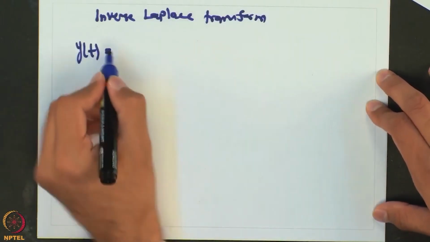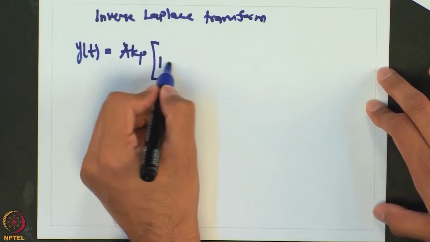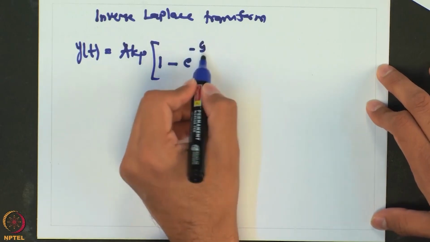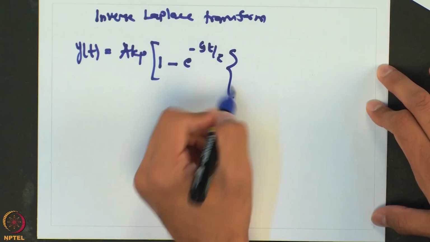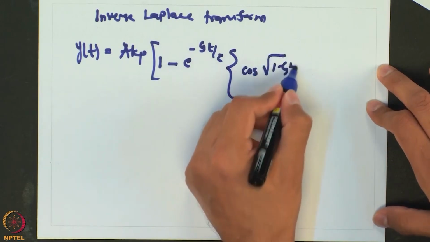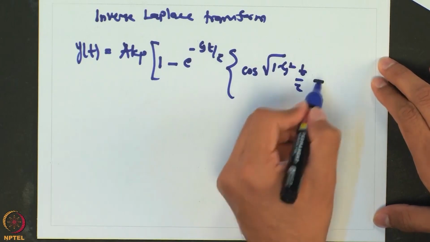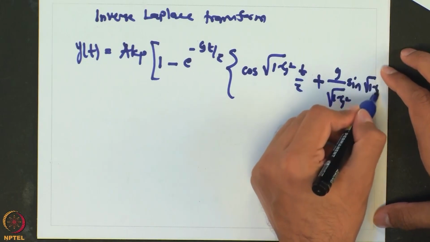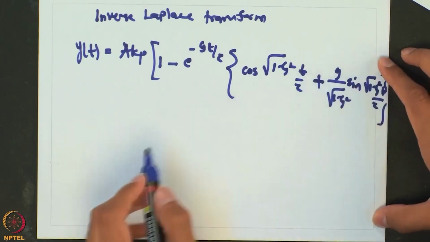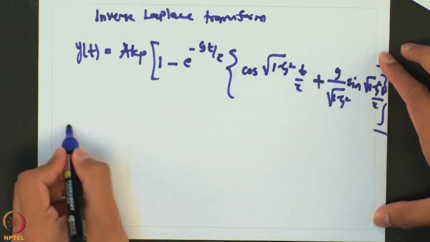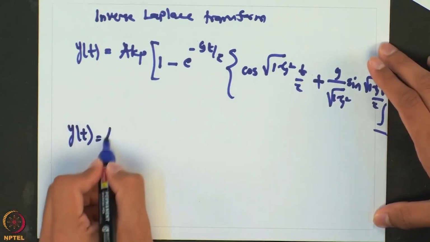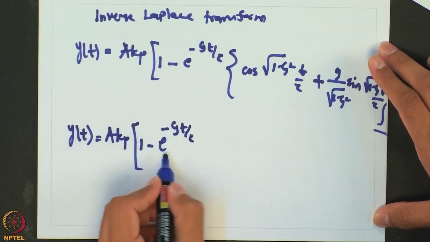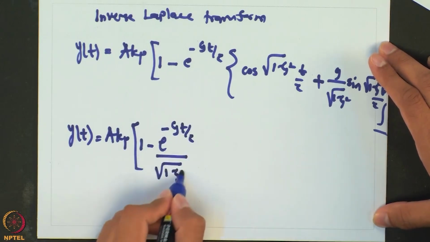So y(t) would be equal to A K_p [1 minus e raised to minus zeta t over tau, which we are going to take common, times (cosine of root of 1 minus zeta^2 t over tau plus zeta over root of 1 minus zeta^2 sine of root of 1 minus zeta^2 t over tau)], which we can further simplify as A K_p [1 minus e raised to minus zeta t over tau, and we will take this root of 1 minus zeta^2 out.